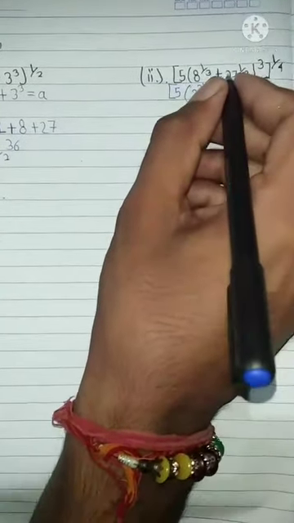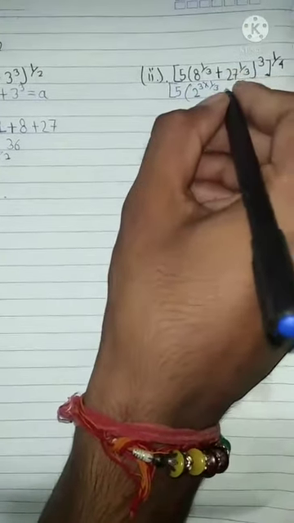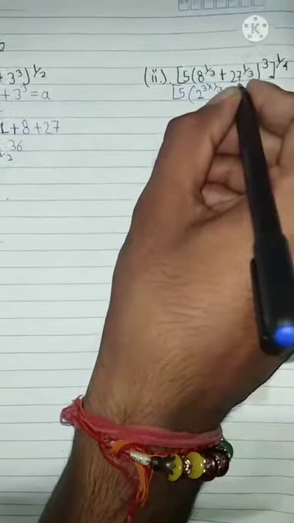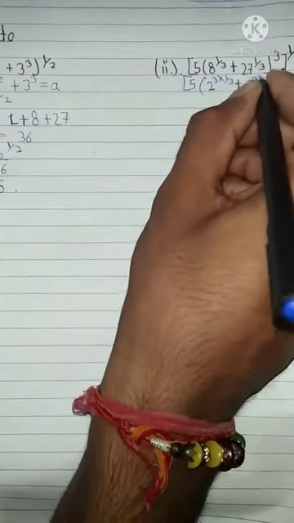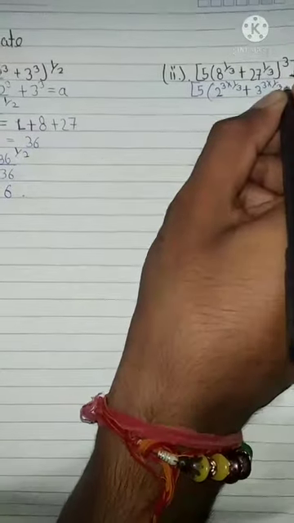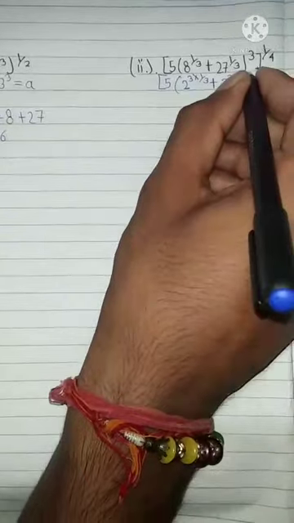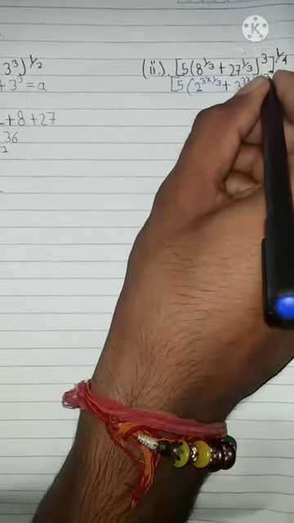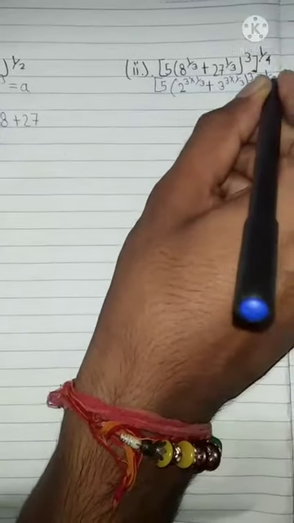You know the property of a to the power m, whole to the power n, equals a to the power m into n. Plus write 27 in the form of 3 cube, so 3 to the power 3 into 1 by 3. You know the property a to the power m to the power n equals a to the power m into n. Bracket close, whole to the power 3, whole to the power 1 by 4.